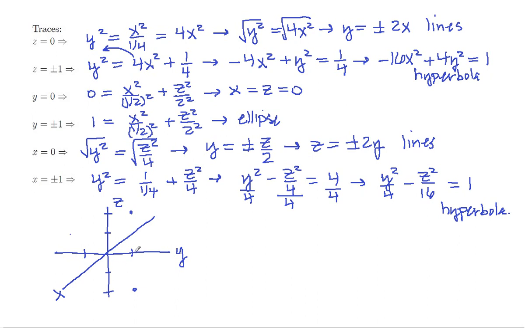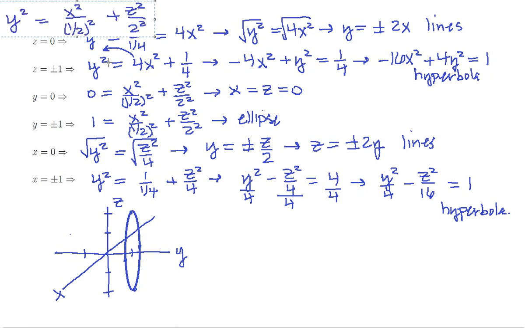And then this way it's skinny, so it only goes 1/2 in this direction and 1/2 in that direction. So we got these skinny ellipse cross sections, which would look like that. And then we'd have another one of those over here at -1.